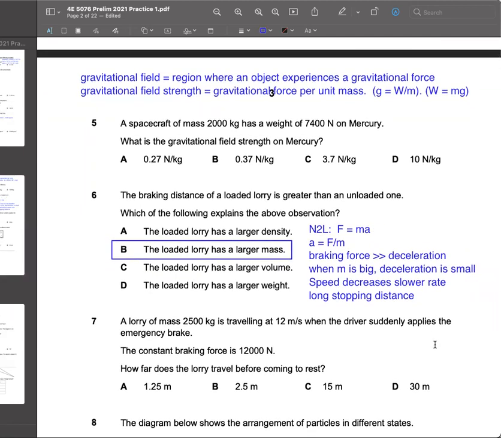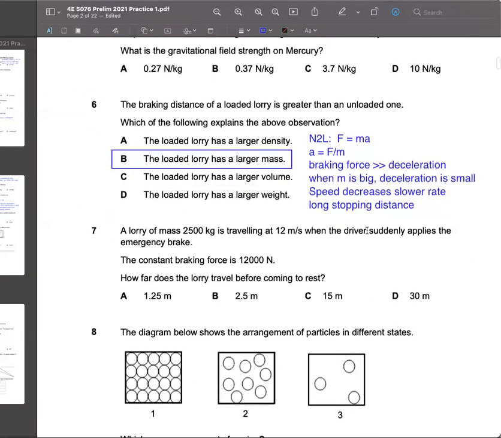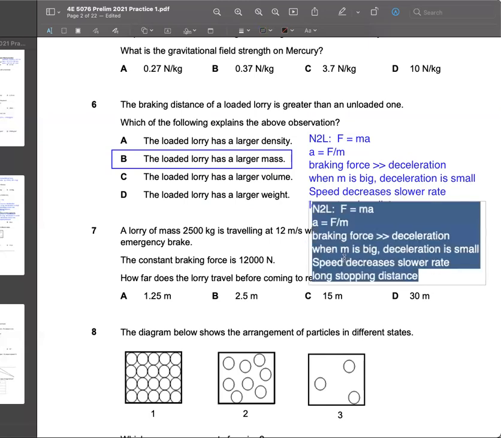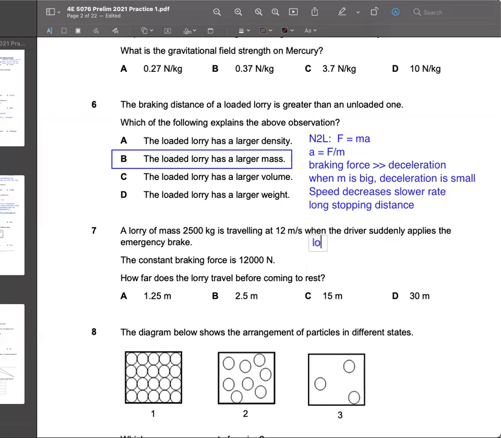So with question 6, let's go to question 7. Like what I was telling you in the class, this is a very common type of question where you really need to know the loss in KE will equal the work done against friction, or by the braking force.